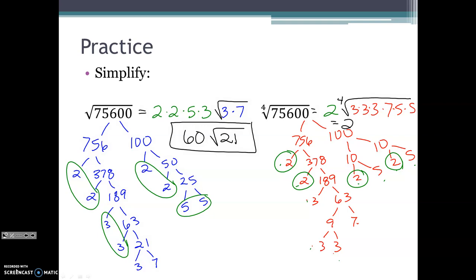So my answer for this is 2 times the fourth root of, and I don't know that, so 3 times 3 times 3 times 7 times 5 times 5 is 25, which would be 4,725. So 2 fourth roots of 4,725. Okay, so that's kind of going through how to simplify these things by hand.